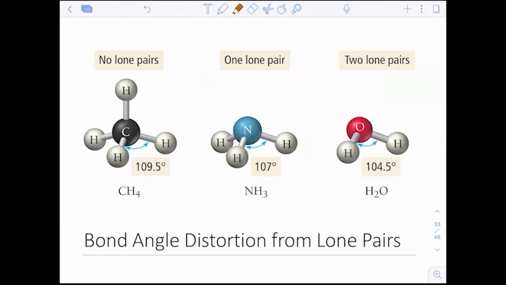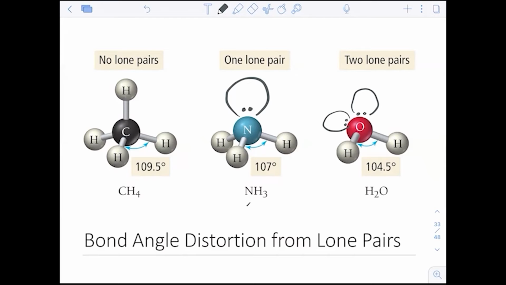Now, lone pairs count as a group. Even though you can't see them, a lone pair is already going to be in a specific position. It takes up space. So when you think about NH3 and H2O, if you were to draw that Lewis structure, you'd see that there are lone pairs. Now there is a slight distortion of the bond angles.